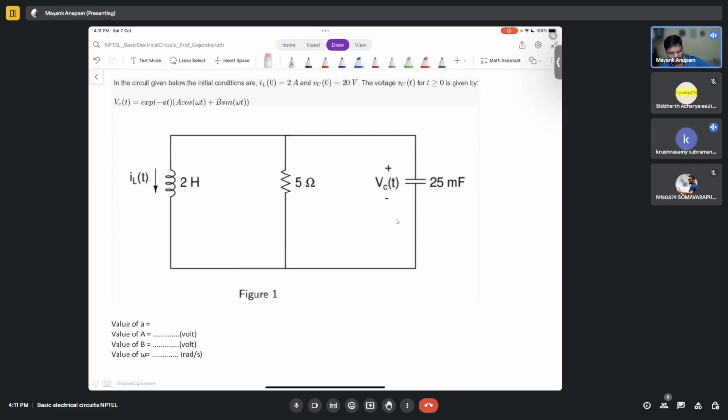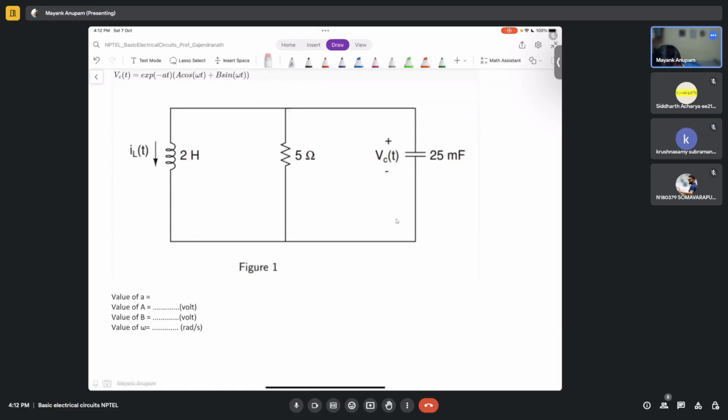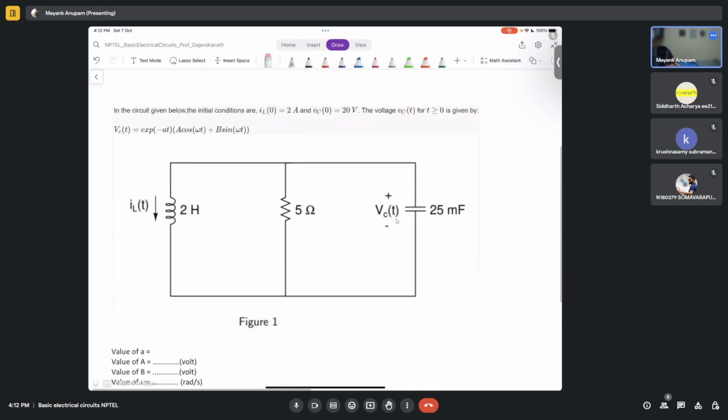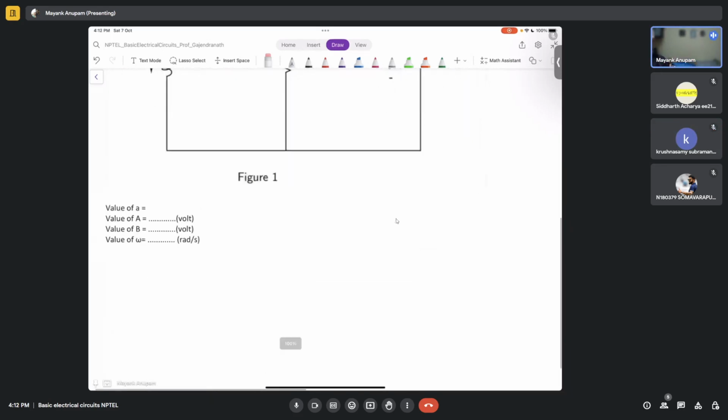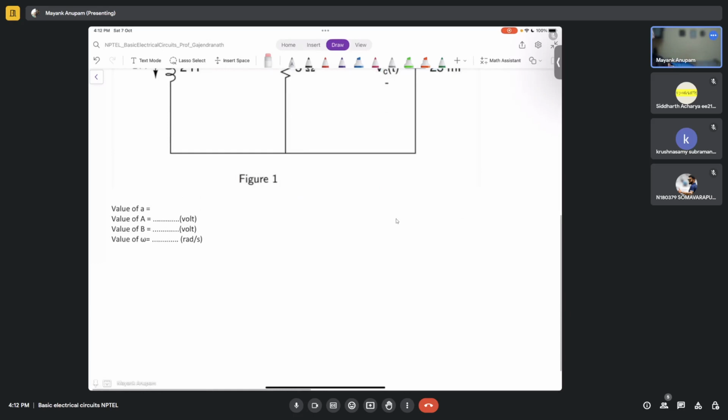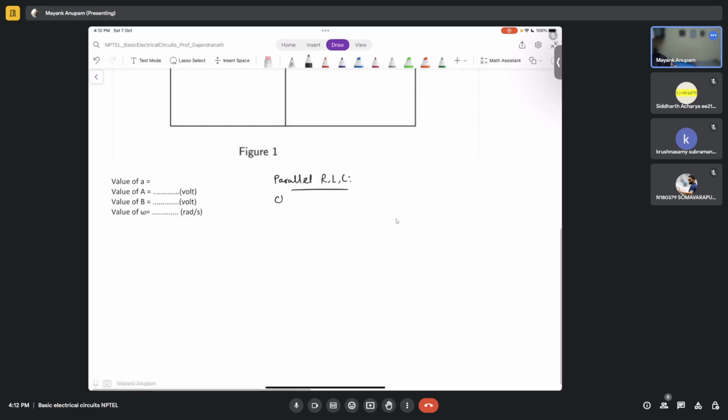It's a parallel RLC, without source, correct. So for parallel RLC, what is the equation? What is the characteristic equation of parallel RLC?